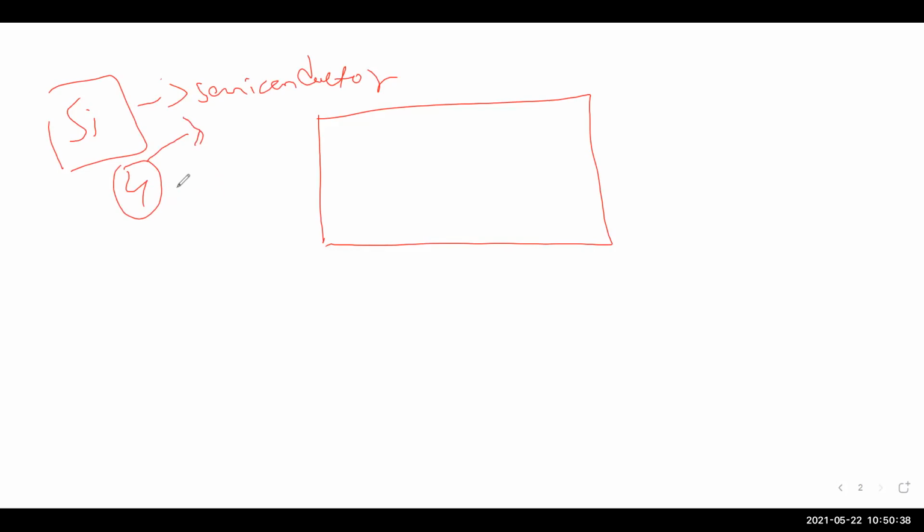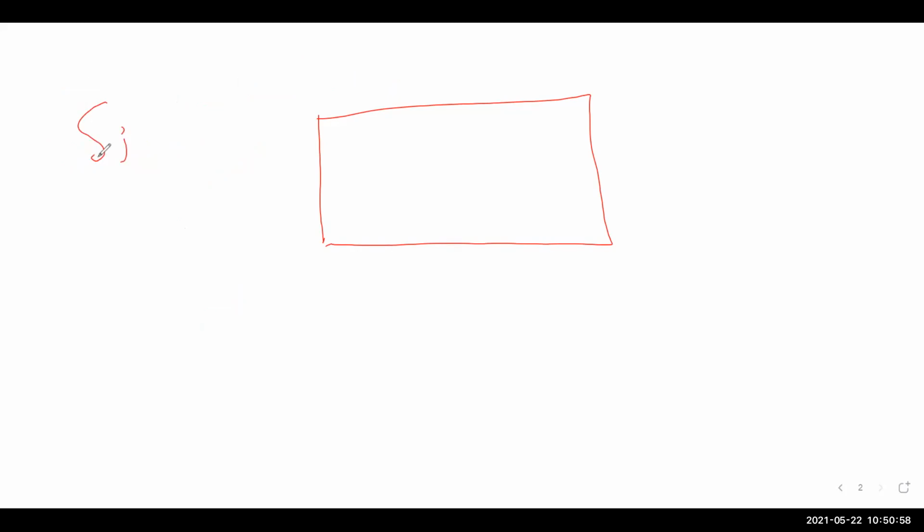So it could either act as a donor or act as an acceptor, right? So it is called the semiconductor.